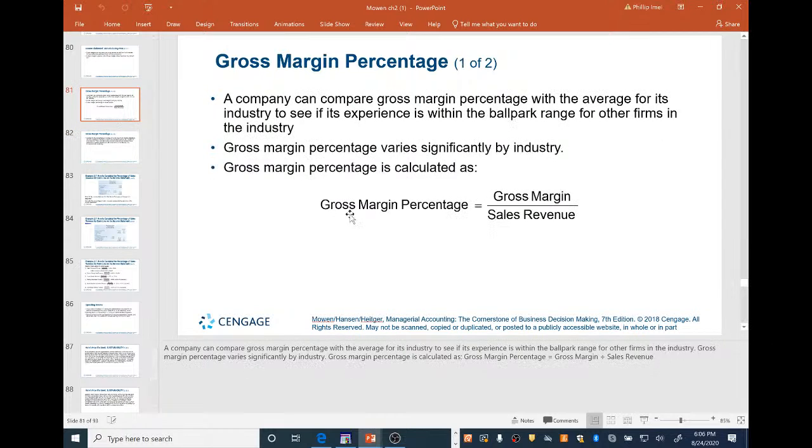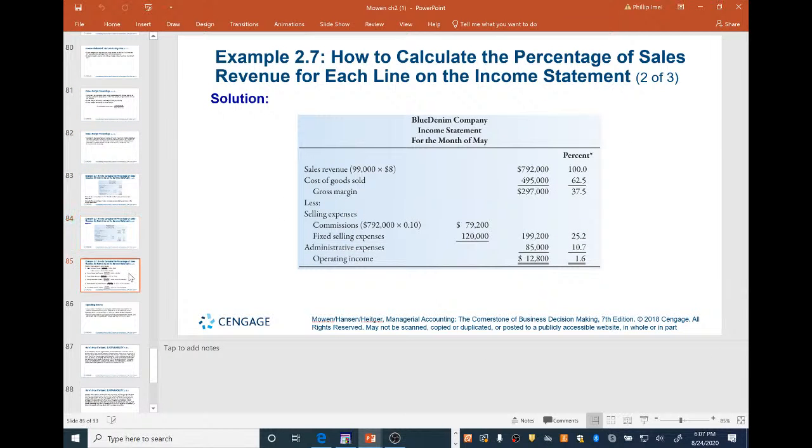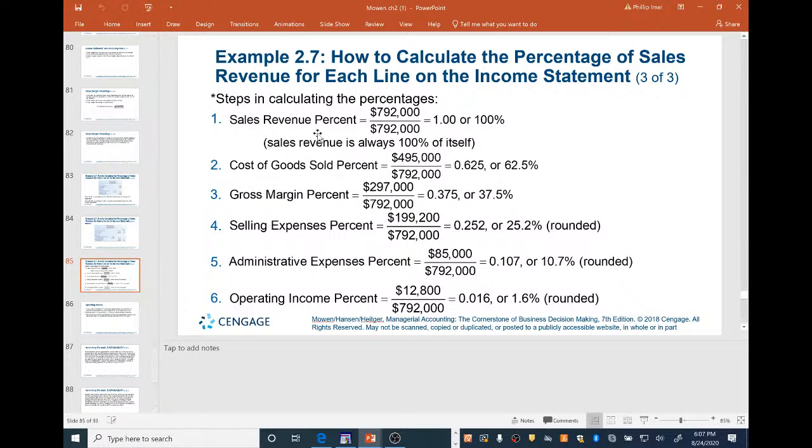We have the gross margin, whatever it is, divided by sales revenue. That's what that number was. So let's go back to sales revenue. Sorry, I went the wrong way. Sales revenue percentage is 792 over 792; sales revenue is always 100% of itself.